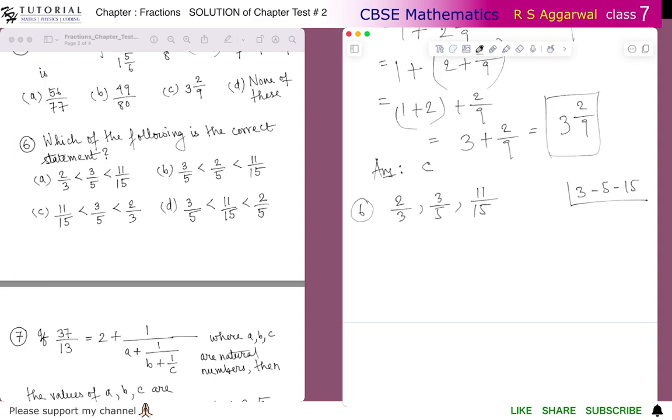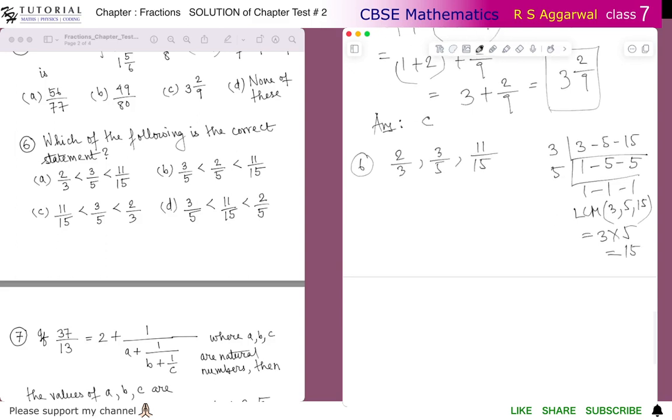So 3: dividing by 3 gives 1, 5, 5. Now we have 5, 1, 1, 1. So the LCM of 3, 5 and 15 is 3 into 5 equals 15.